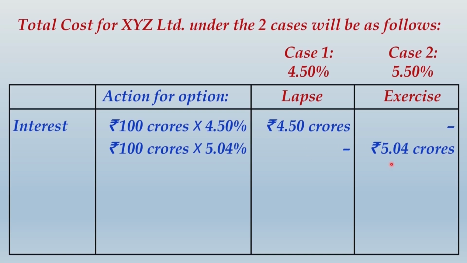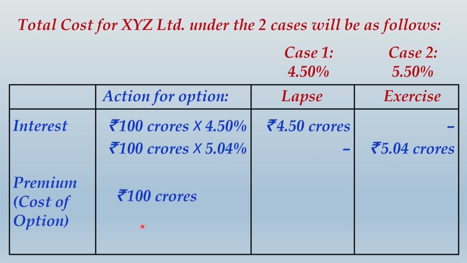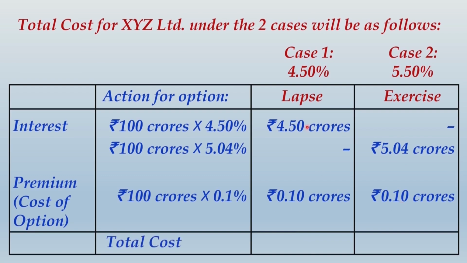But in either case you will have to pay the premium, and the premium cost was the loan amount times 0.1%, so that will be 0.1 crores in either case. The final outflow would be the aggregate of interest payment plus the premium, and that will be 4.6 crores and 5.14 crores in these two cases.